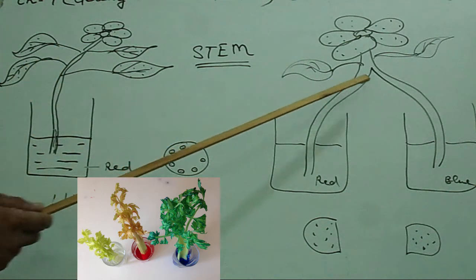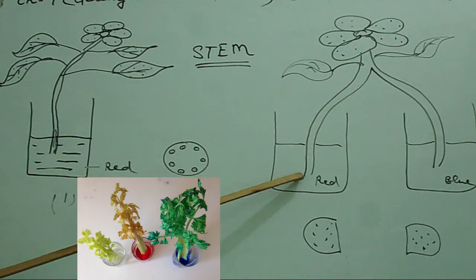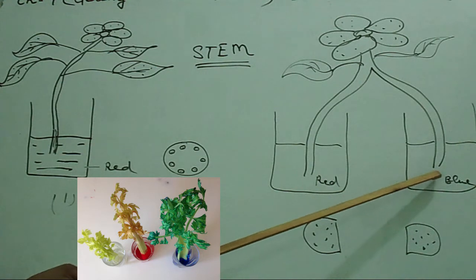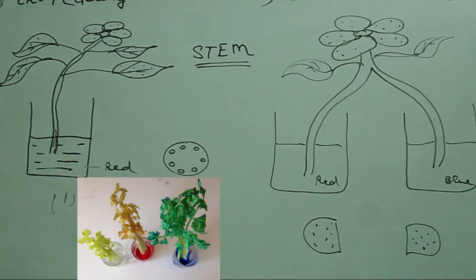After cutting, one part should be put in this beaker and the other part in a second beaker. Fill both with water, adding red ink in one beaker and blue in the other, and let it stay for a few hours. And what will we observe?